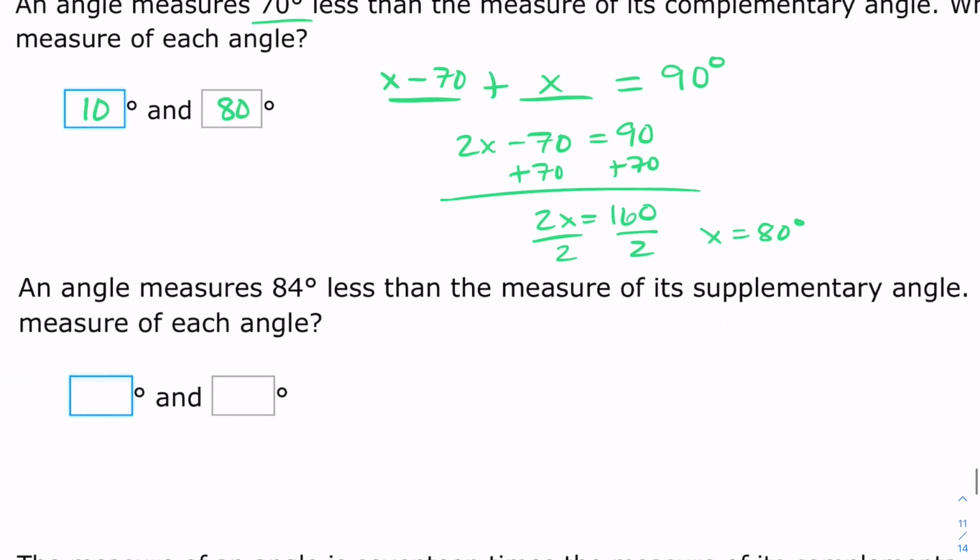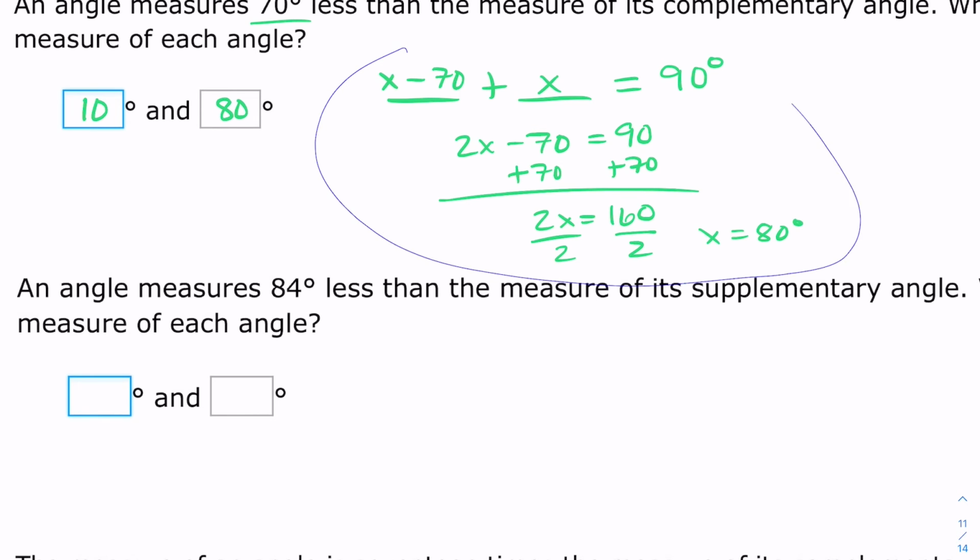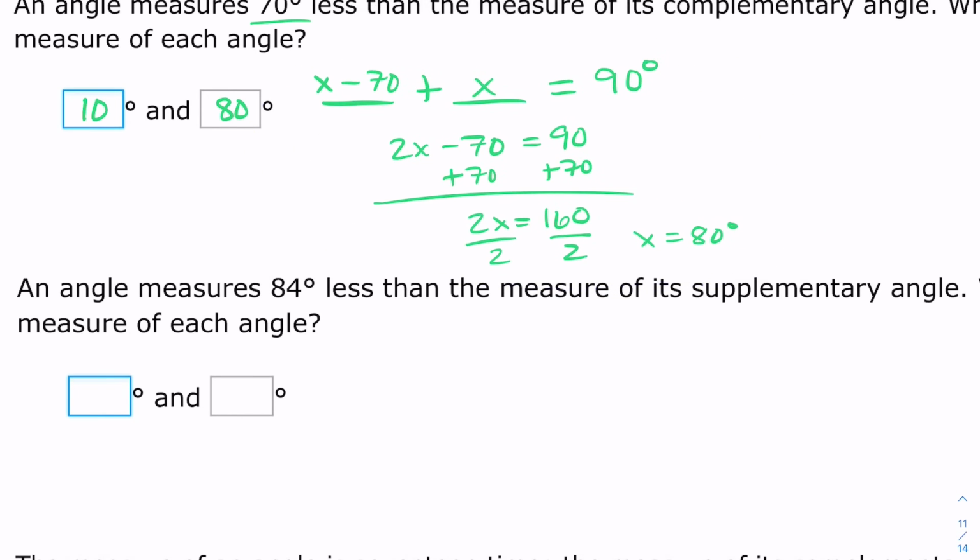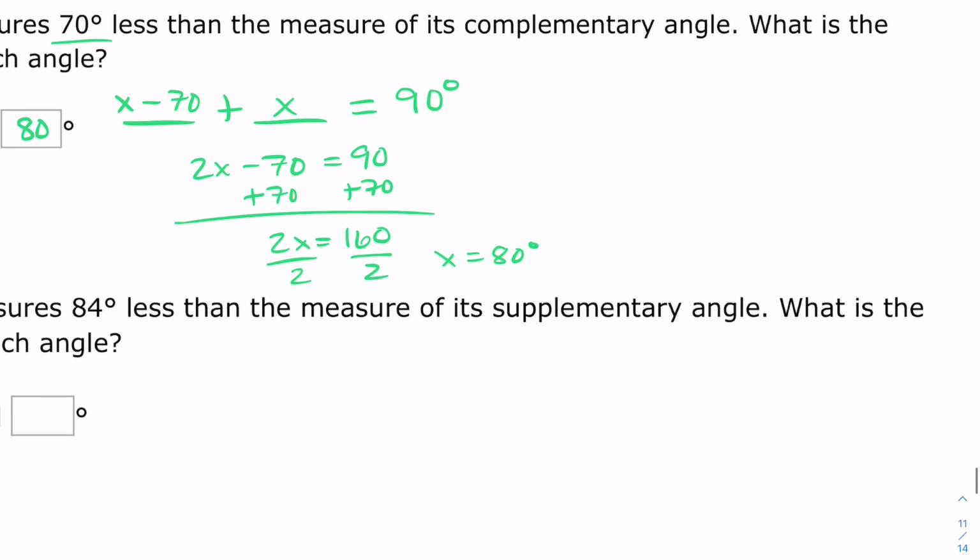Now, if you don't like that and you say, oh, Mr. A, I set it up a little bit differently. I said, if it needs to be 70 less than the measure, then I would need to add 70 just to make it right. Well, let's see what happens when I do that. So x plus 70 plus x equals 180. I combine like terms, so 2x plus 70 equals 90.